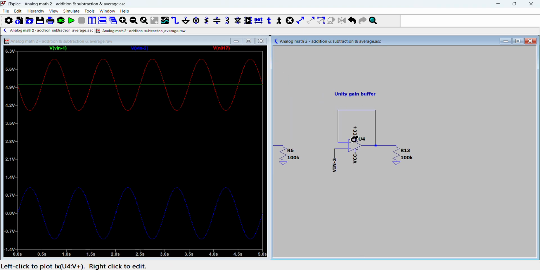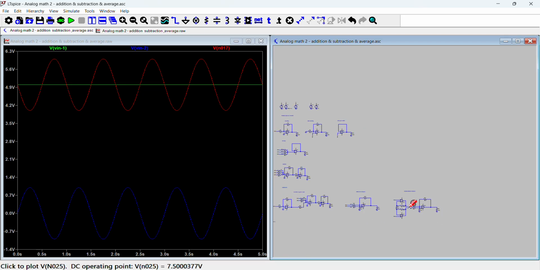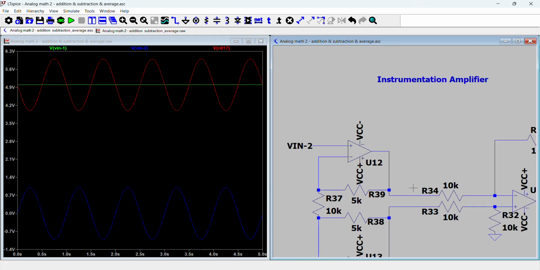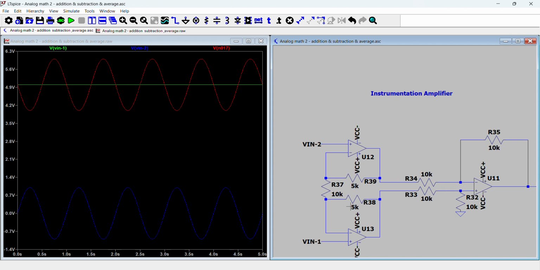We could add two of these, one supplying each input voltage, and then we could basically guarantee that the instruments that are supplying the voltage, their output impedances no longer impact the circuit. But we can also do a config like this, which also amplifies the difference of the voltages. So not just having a unity gain, but we could also amplify it.